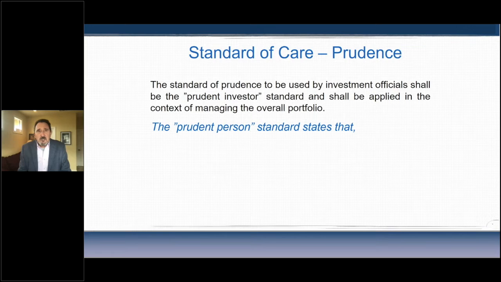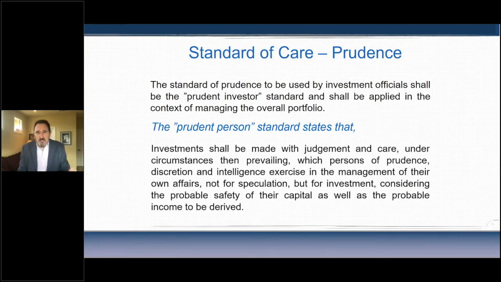But there are still many that use the prudent person standard, and it states the following: investments shall be made with judgment and care under circumstances then prevailing, which persons of prudence, discretion, and intelligence exercise in the management of their own affairs, not for speculation, but for investment. Importantly, considering the probable safety of their capital, as well as the probable income to be derived. That's really the standard that's going to govern it.